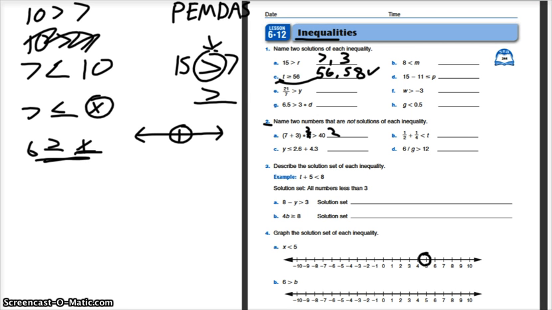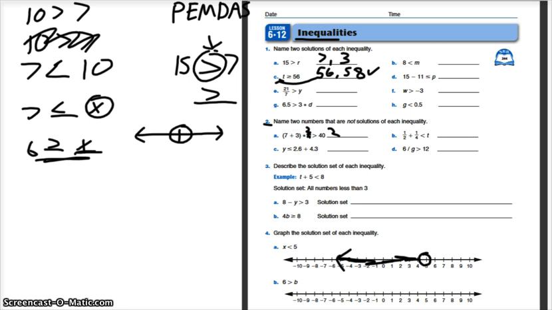So x needs to be less than 5, so I need to be going left in my number line. So I'm going to color it in going this way. And you need to draw the arrow because it goes on for infinity. So all the numbers, 4 makes that statement true, -4 makes that statement true, but 5 does not.